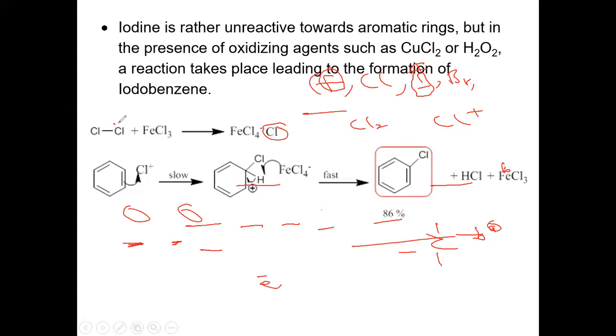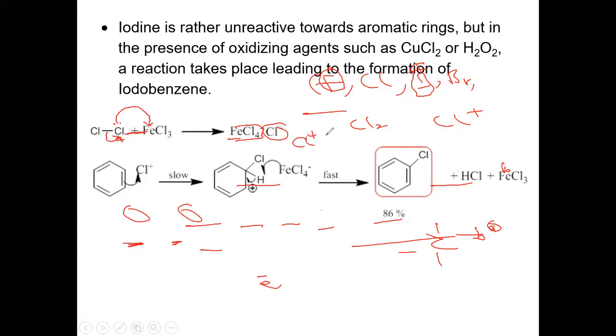What happens here is that this can accept electrons to form another bond. So when it forms the new bond like this, this one becomes positively charged. When it becomes positively charged, the electrons break onto this to stabilize the charge, right? That will give us the FeCl4 minus. And because the bond has been broken away, we get the Cl plus.